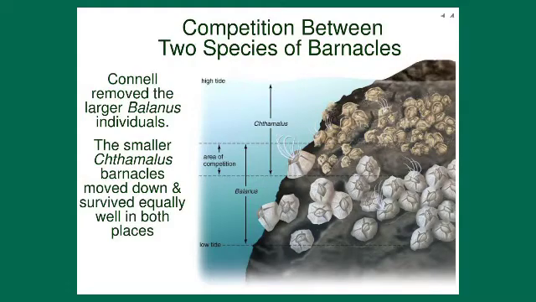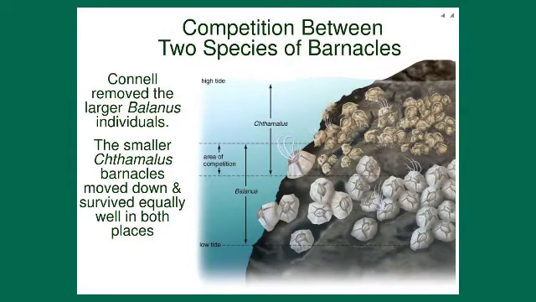Now, if we experimentally remove the competing superior species, then the inferior species, which was restricted to a very small area, was found to expand its distributional range dramatically. So this is called competitive release.